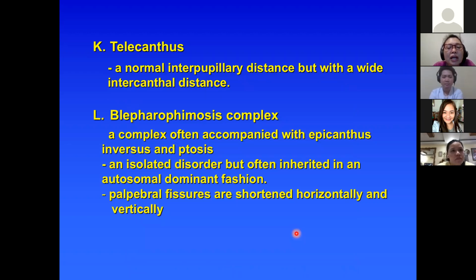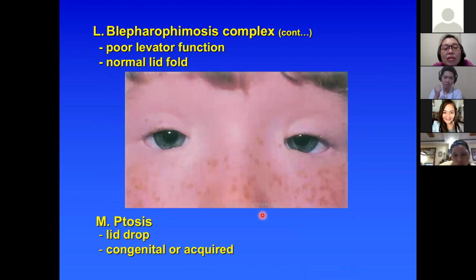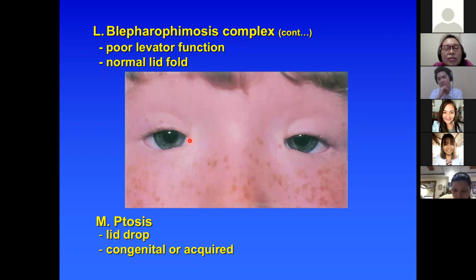Blepharophimosis complex. There's epicanthus inversus. There is ptosis. Okay? And the palpebral fissure is shortened horizontally and vertically. Actually, may nakita na kayong tao siguro na ganyan. Ptosis, there's epicanthus inversus, and the fissure is shortened horizontally and vertically.